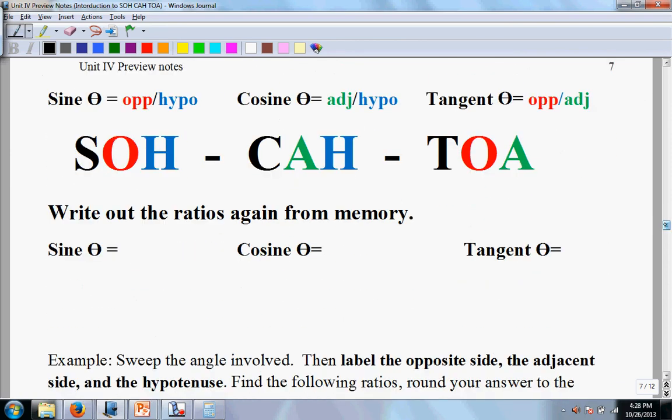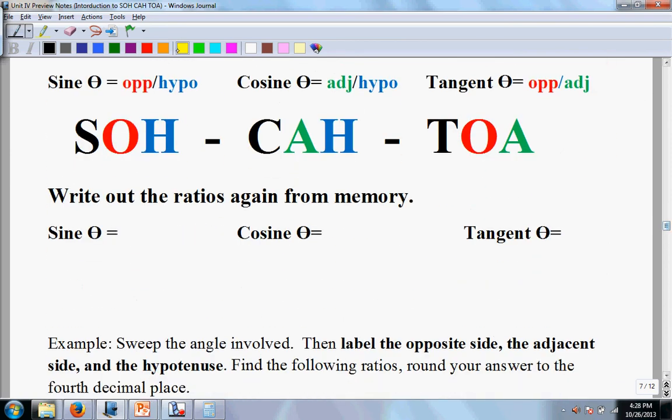Turn the page. I'd like you to take a few additional seconds and attempt to memorize the definition of sine, cosine, and tangent.